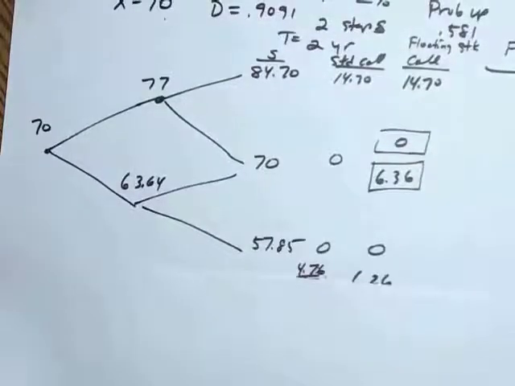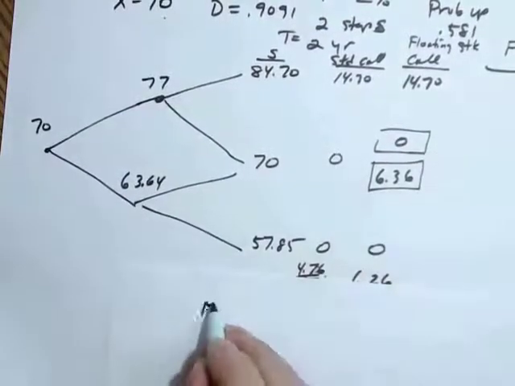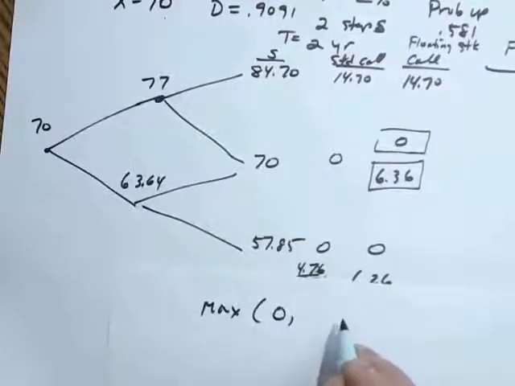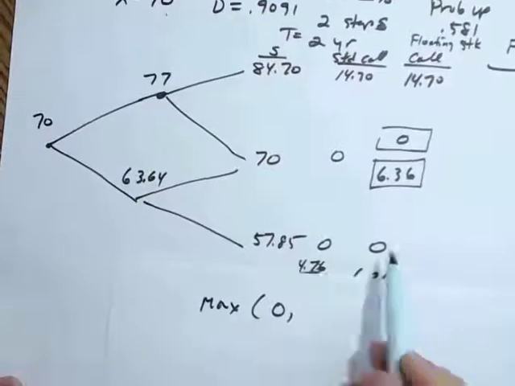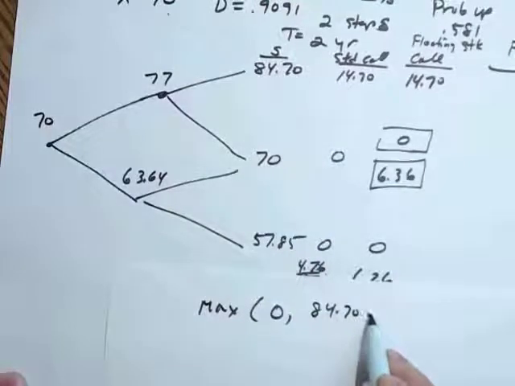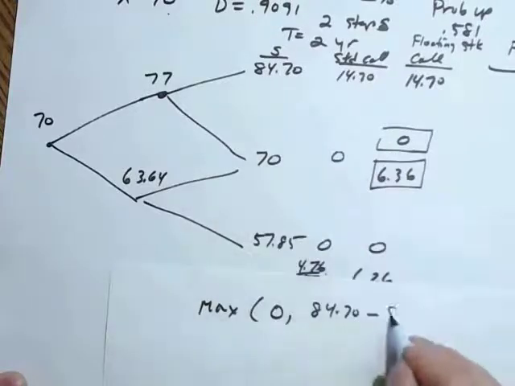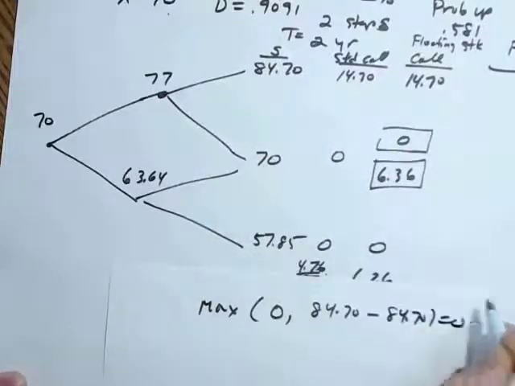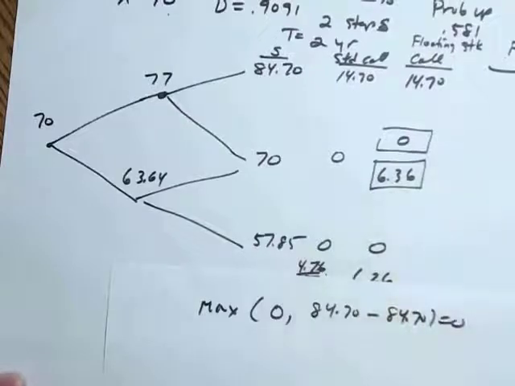So for this first payoff, we're going to look at the maximum of 0 versus what is the maximum stock price over the path? Well, it's $84.70. And what was the stock price at expiration? $84.70. So that's 0. Payoff is 0 there.